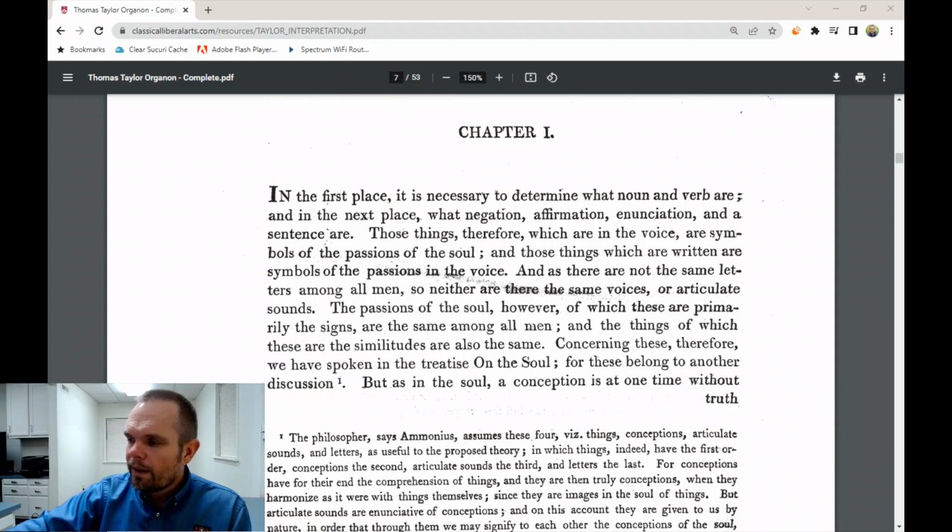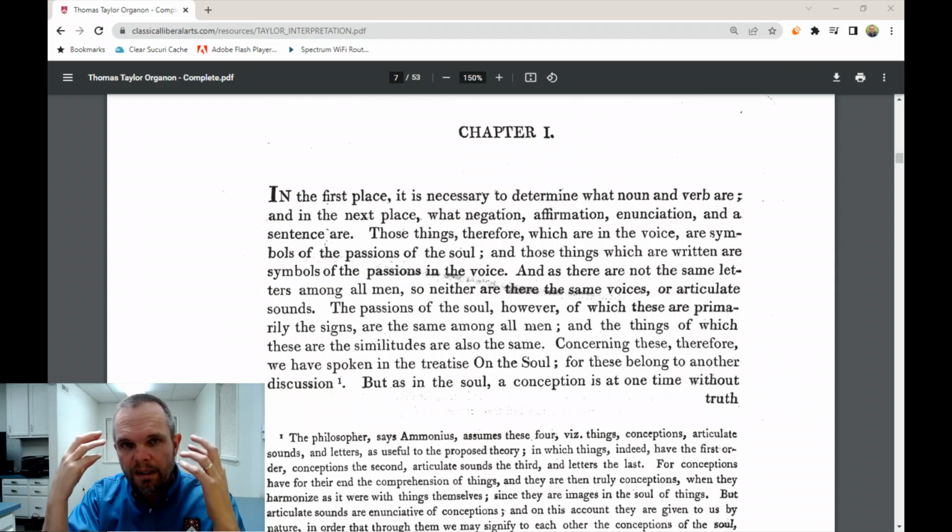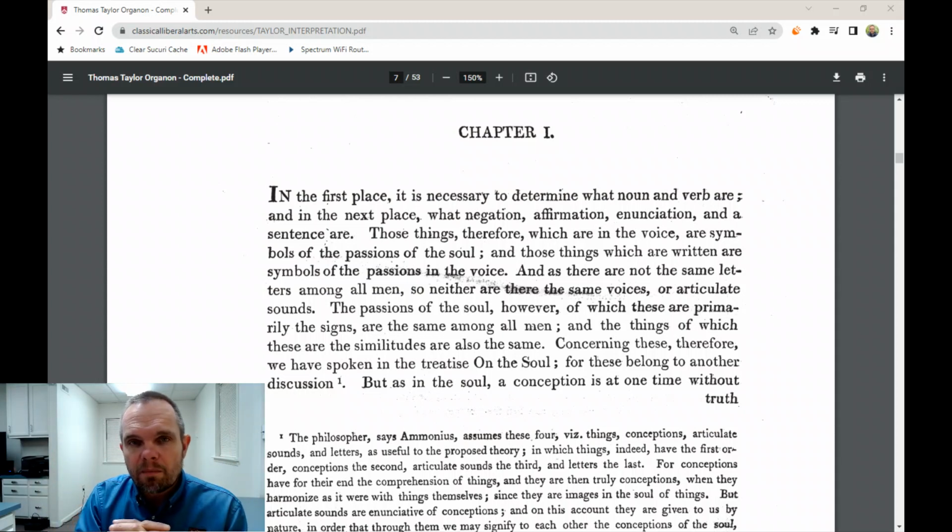So even though men's writing may be different, even though men's words in different languages may be different, the actual ideas, the actual impressions made by things outside of them upon their souls, those impressions that exist in their minds, they're the same. Isn't that fascinating?